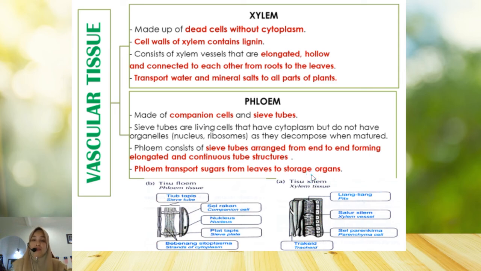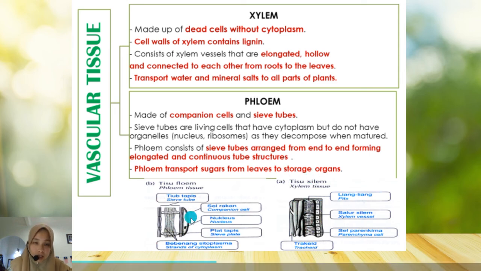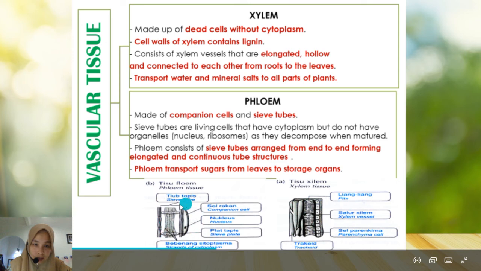This is the structure of the phloem tissue: this is the sieve tube, and this is the companion cell. This one is the structure of the xylem tissue: the xylem vessels that are elongated and hollow, and these are dead cells.